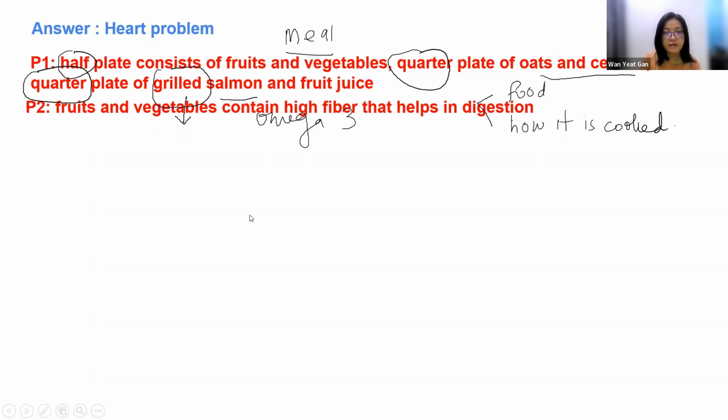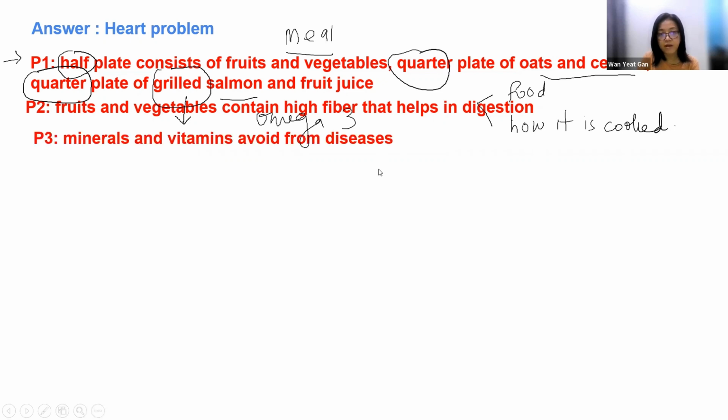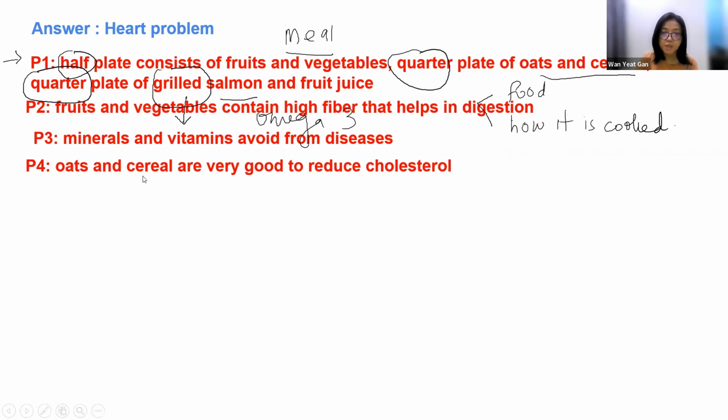Okay, next is explaining now. First is to suggest, next is to explain why do you suggest half the plate of fruits and vegetables. Okay, so here the half plate will help in the digestion, okay, will prevent constipation, will provide the vitamin and mineral that is needed by this patient.